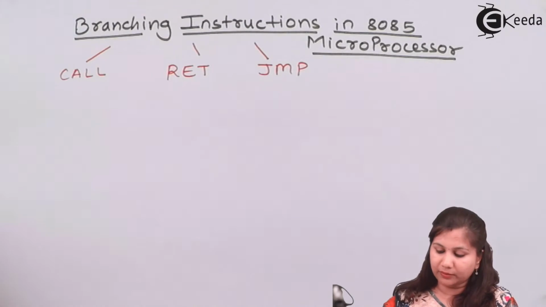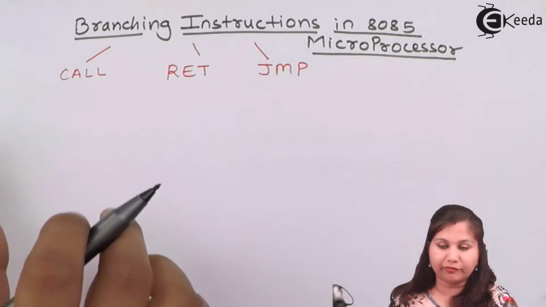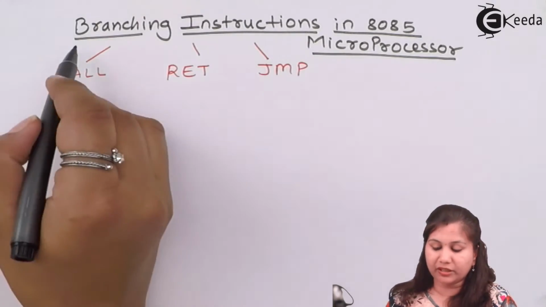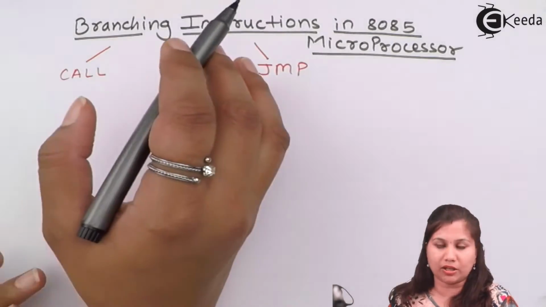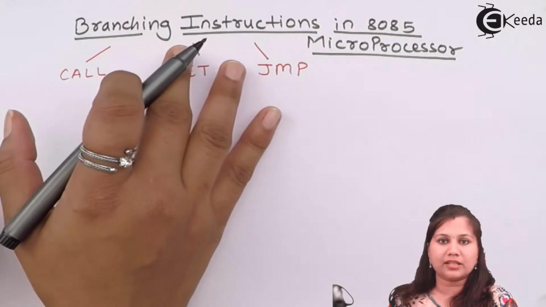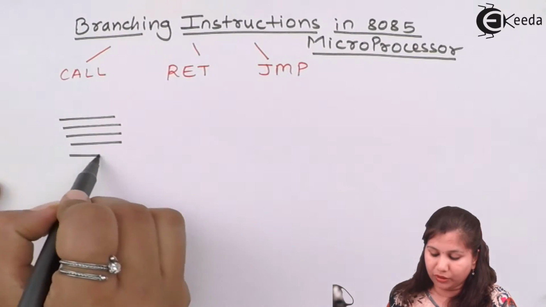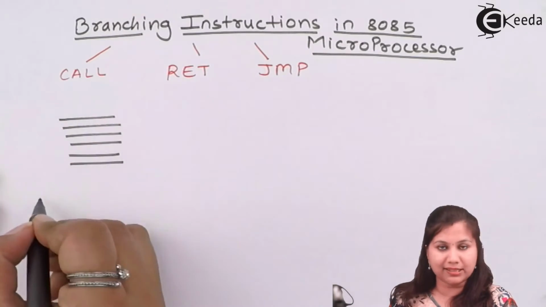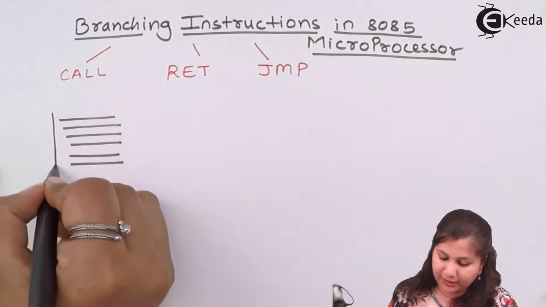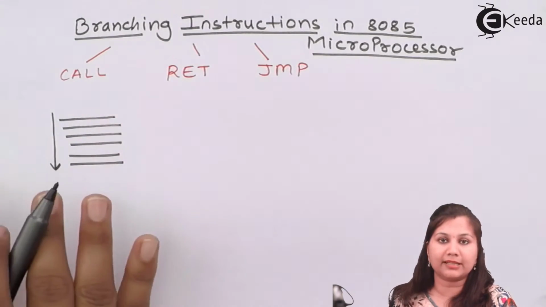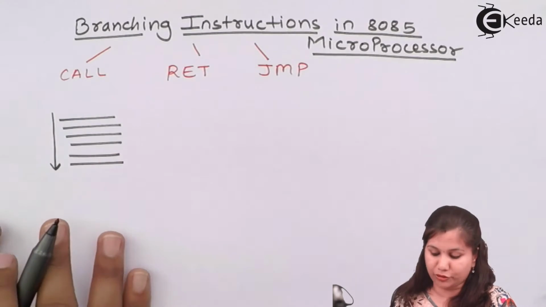So suppose in the main program we have written different instructions, and at one position we have written one of the branching instructions. What these branching instructions do is shift the execution of the main program, or break the sequence. Suppose in this manner, line by line the microprocessor is executing the instructions.